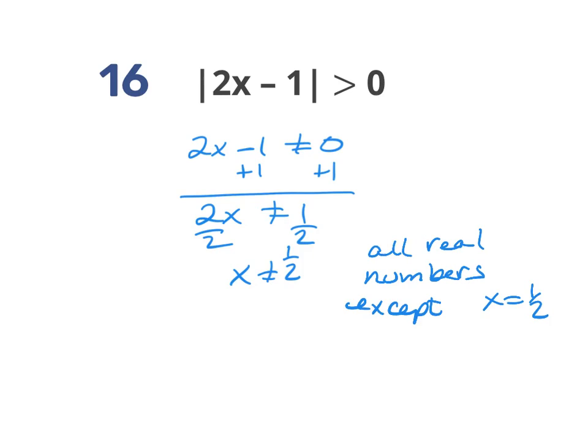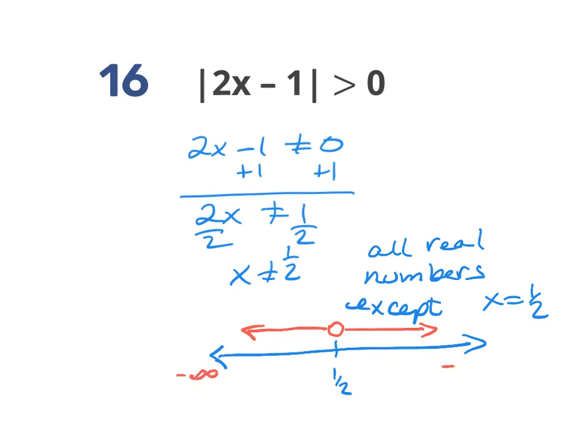And the way that we're going to write this, here's our number line. We would put 1/2 here. It's going to be an open circle here, but then it's the entire graph, except that hole. So again, if it helps you to write the infinities, because we got to do a union here. Let me fix that.